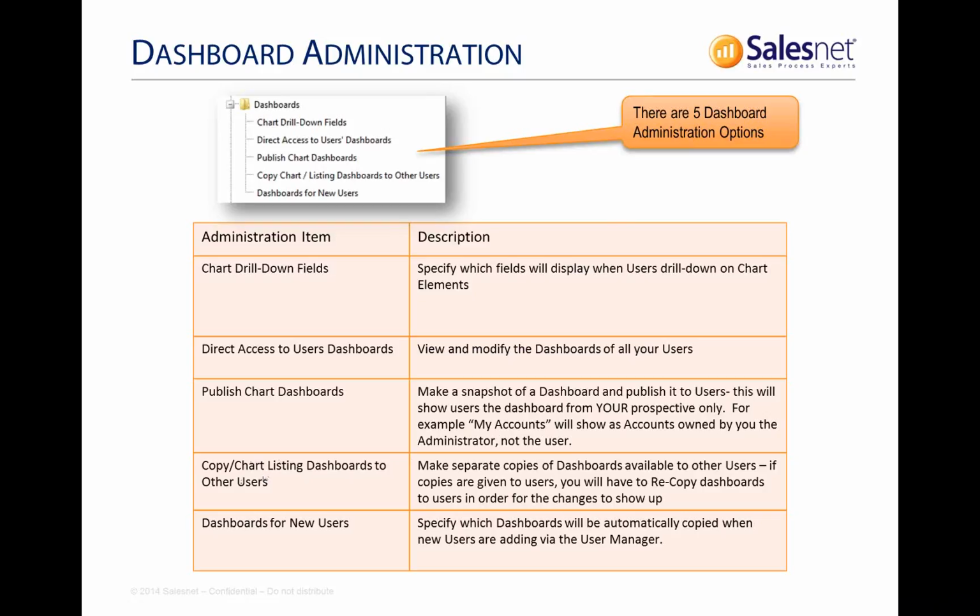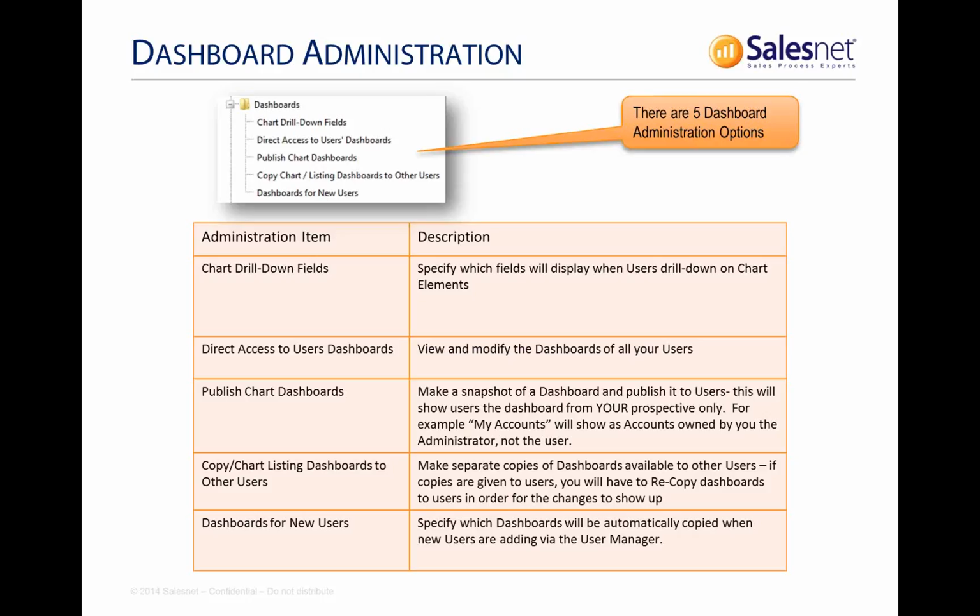Copying a dashboard is more like sharing a template. So if I set up some graphics for users on a dashboard page and I share it out with 10 different users or copy it to them, when they run it, they're going to see the data that they have access to. And if I've set it to be the My Ownership filtering, they're just going to see the data that they own.